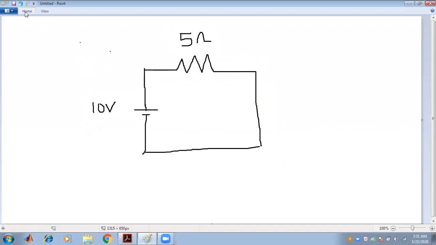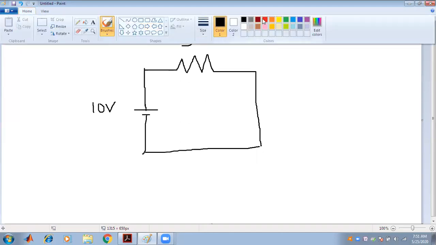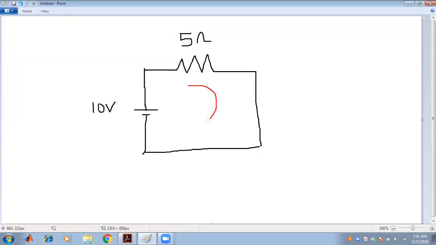My question is, what is the value of the current I flowing through the circuit? We have to find the value of I.